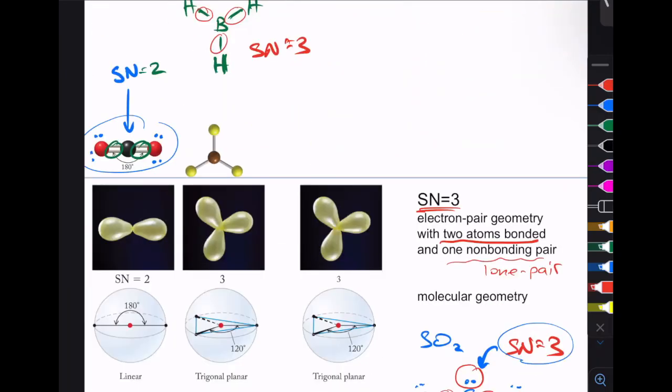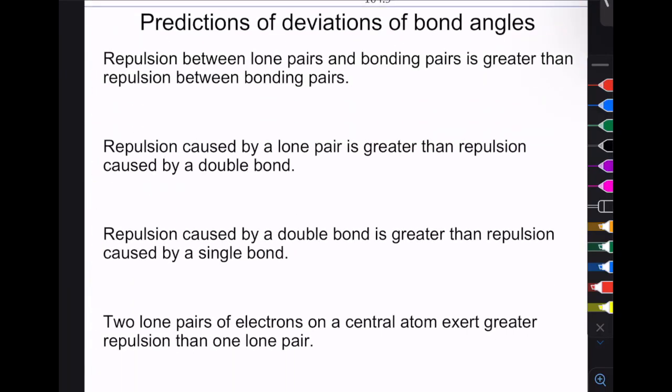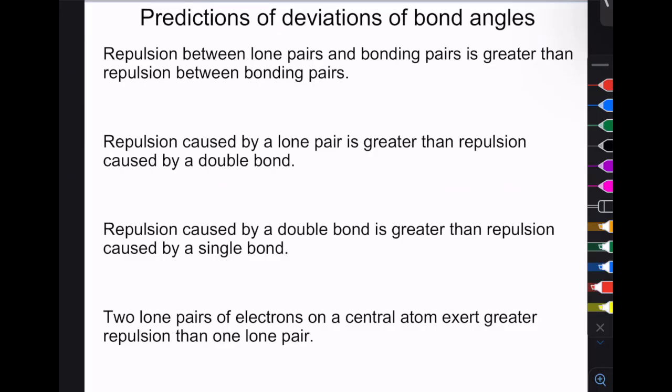But I want to have a little discussion with you just about the relative strength of the repulsion. Because the lone pair versus a shared pair, they're not as restricted to where those electrons can be found in 3D probabilistic space. If it's a shared pair, those shared electrons are more confined to the space between the atoms.